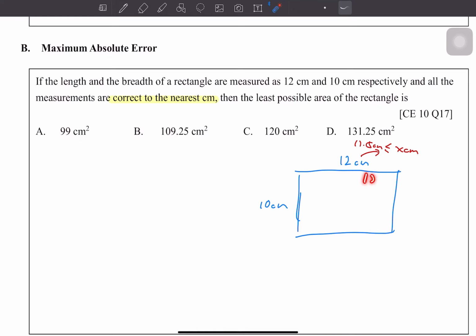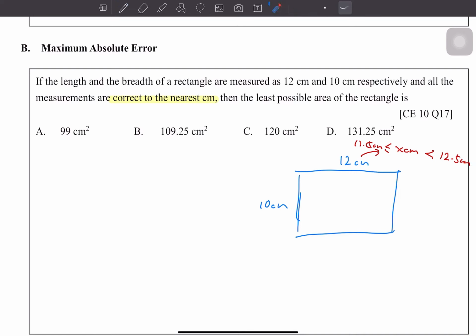So maybe this is 12.45 or 12.49 or 12.499. You also correct to 12, correct to the nearest cm. Your answer is also equal to 12. So the upper limit is equal to 12.5 cm.